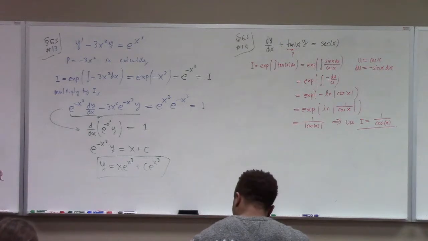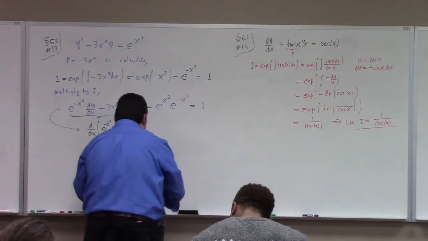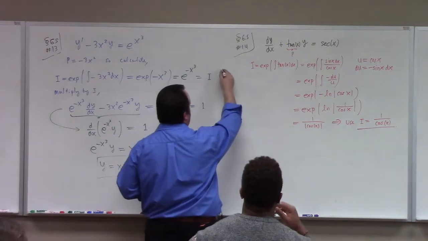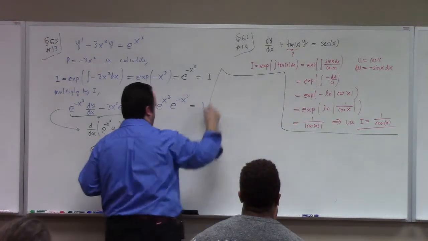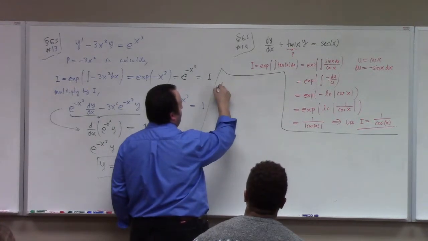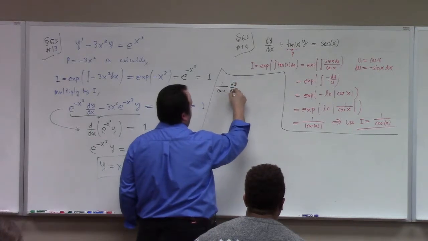You can just multiply by minus 1 to get the same for both. But anyway, there's our integrating factor. And so I'm going to continue over here. Now you can multiply that into your original. So we got 1 over cosine x dy/dx.